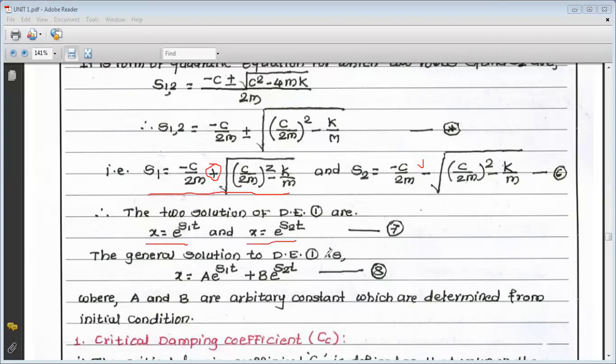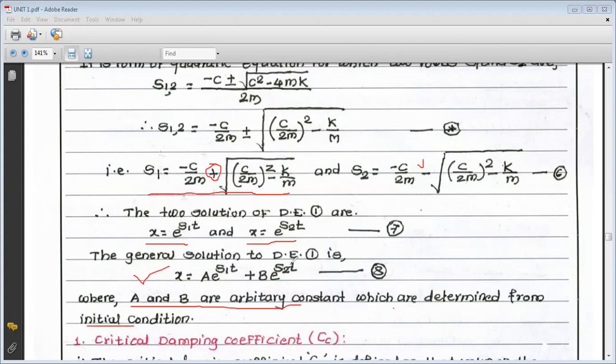So the general solution of differential equation 1, that is mx double dot plus cx dot plus kx, is given by x is equal to a e raised to s1t plus b e raised to s2t, where a and b are the arbitrary constants which are to be determined from the initial conditions. See, all these equations from 1 to 8 are important. Here s1 is equal to minus c upon twice m plus square root of c upon twice m square minus k by m, and s2 is equal to minus c upon twice m minus square root of c upon twice m square minus k by m.